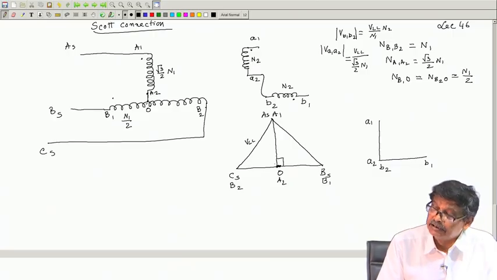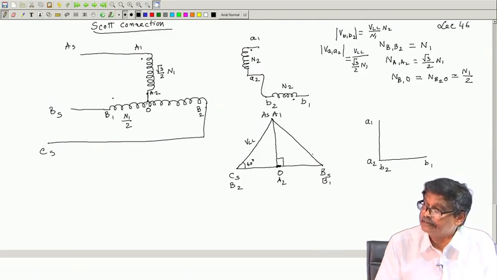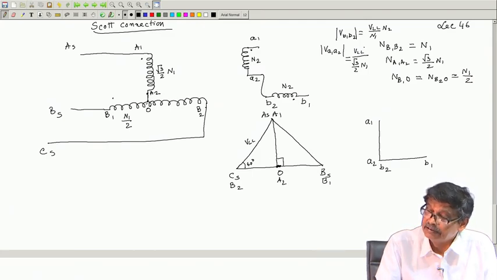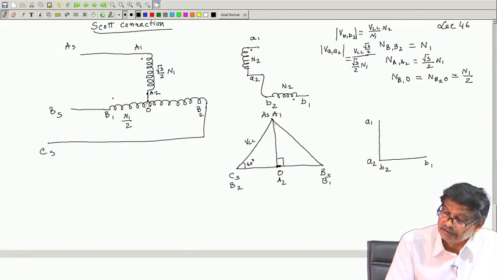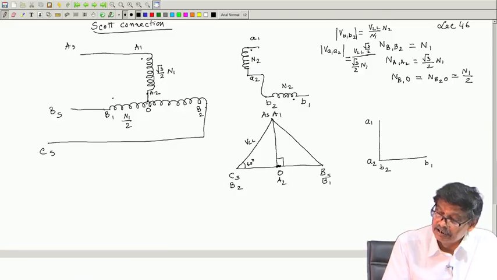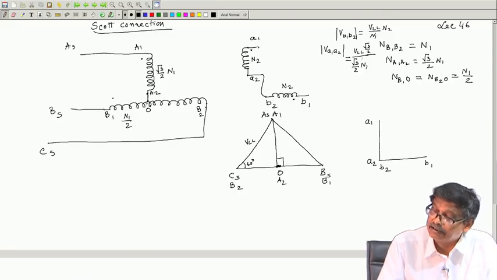Now, this voltage applied across the primary is not VLL, but VLL sin 60 degree. So, this is into root 3 by 2, that is the primary voltage applied across this one is A1 O, which is VLL sin 60 degree, that is VLL into root 3 by 2 and its number of turns.